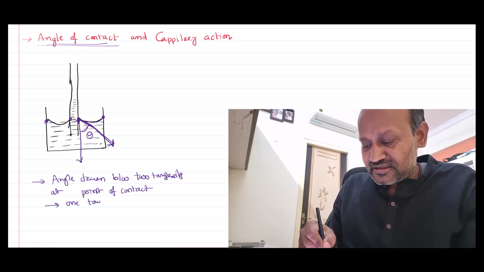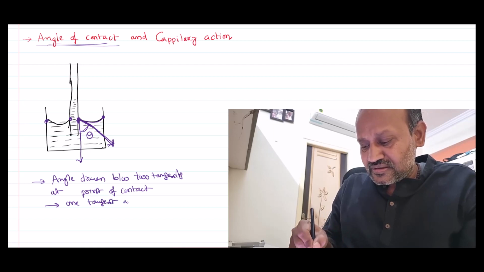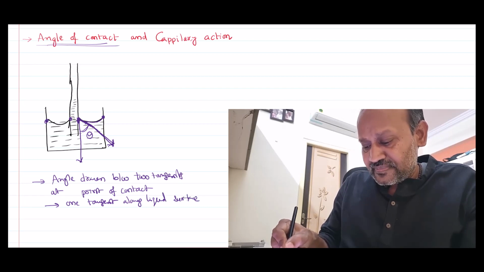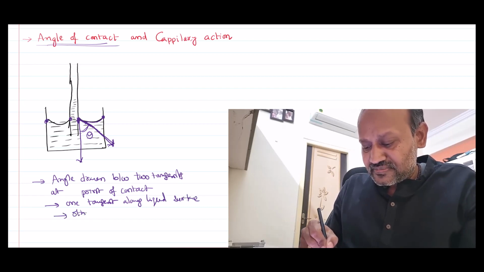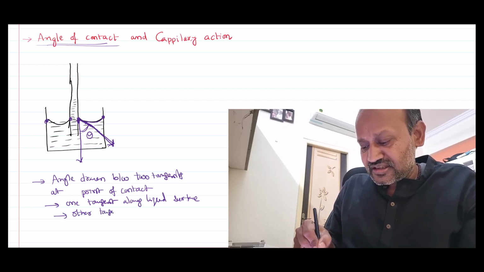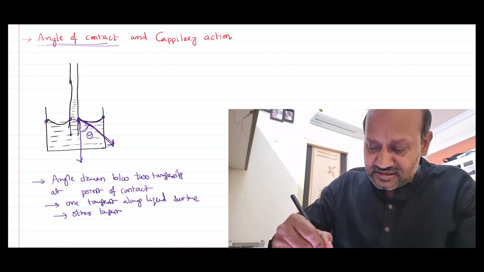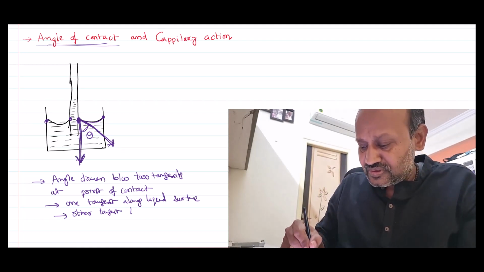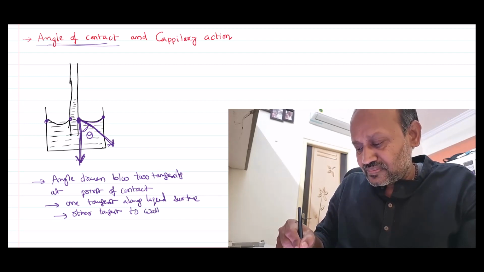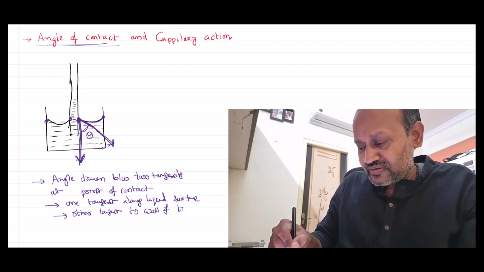One tangent along the liquid surface. The other tangent, where is this other tangent? Notice that carefully. This is the other tangent, drawn to the wall of the capillary tube.